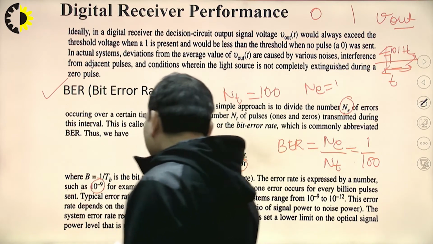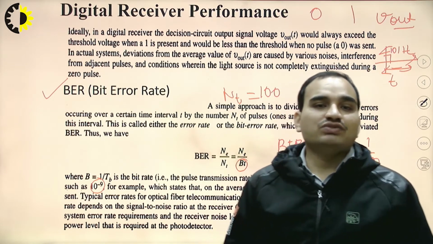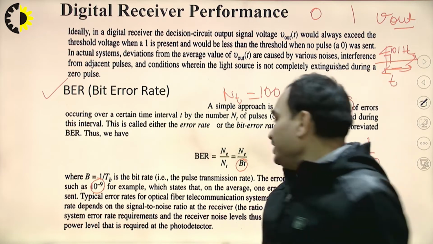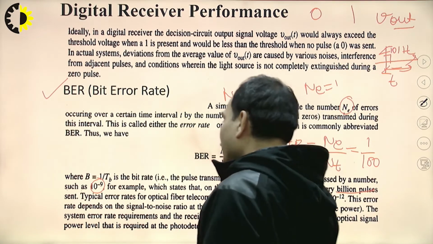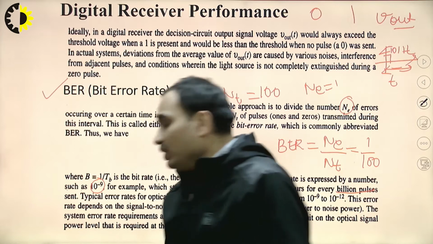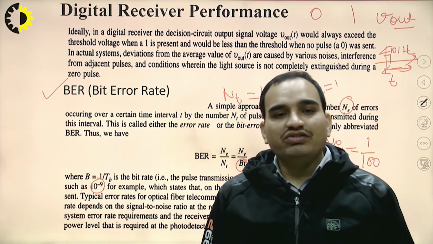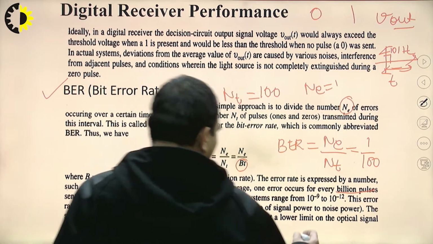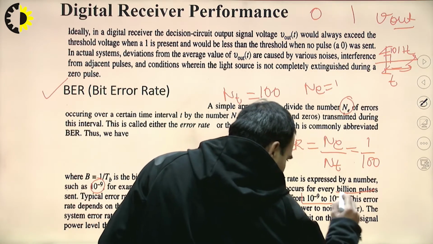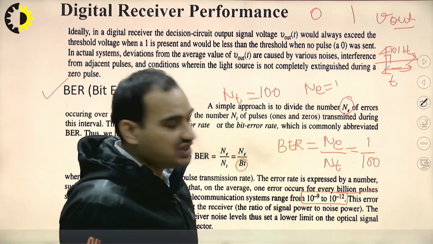This is a practical example, which states that on an average 1 error occurs every billion pulses, that is 10 to the power 9 pulses. Typically, the error rate for optical fiber telecommunication systems ranges from 10 to the power minus 10 to 10 to the power minus 12. This is the typical value of the bit error rate.